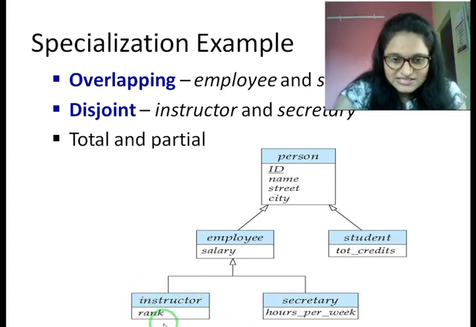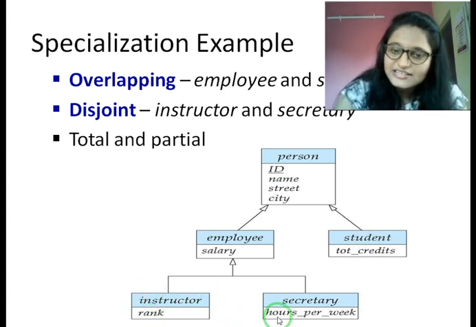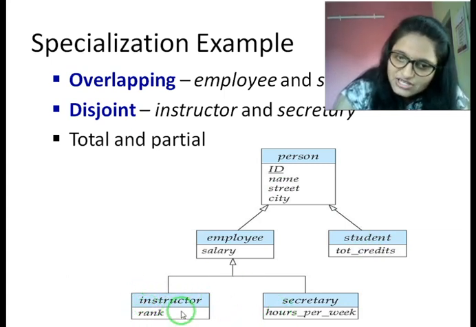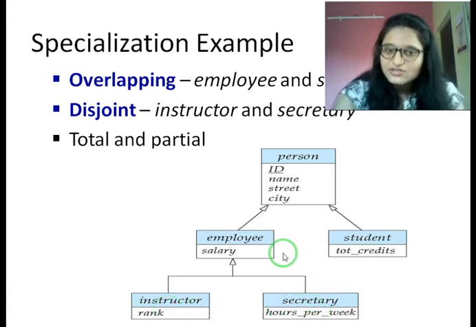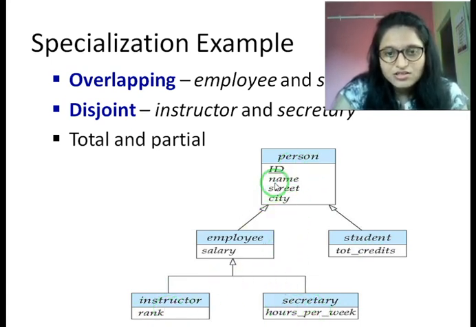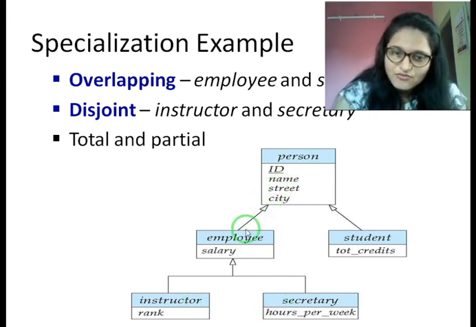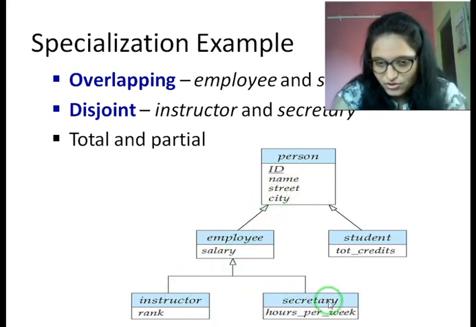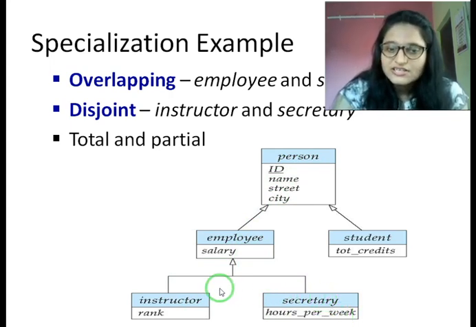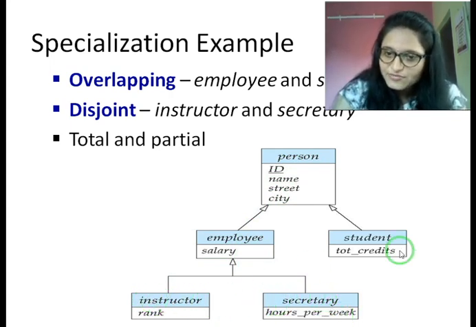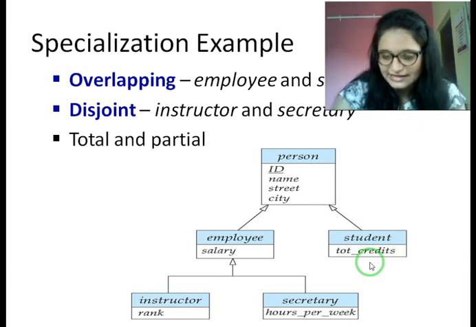But instructor and secretary are disjoint, which means what? It has its own property. So instructor and secretary follow this path, and they follow this path because they do not have any attributes of the student entity.